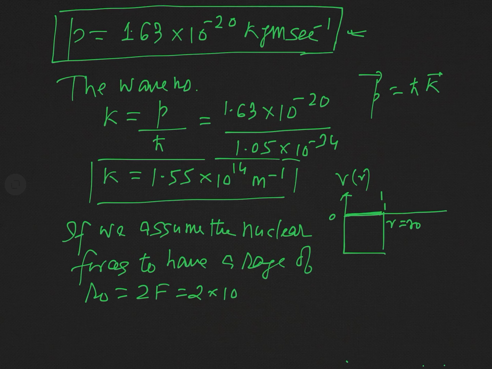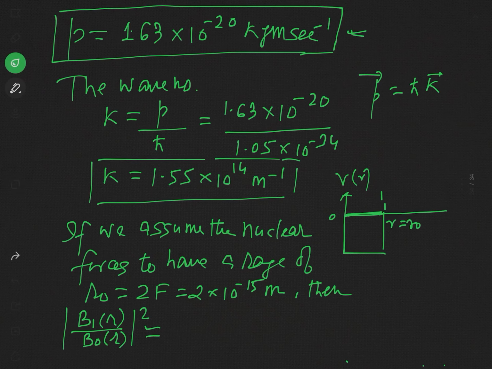And when you say 2 femtometer, it means 2 into 10 to the power minus 15 meter. In this condition, what will be the value of the modulus of B1 of R by B naught of R squared?